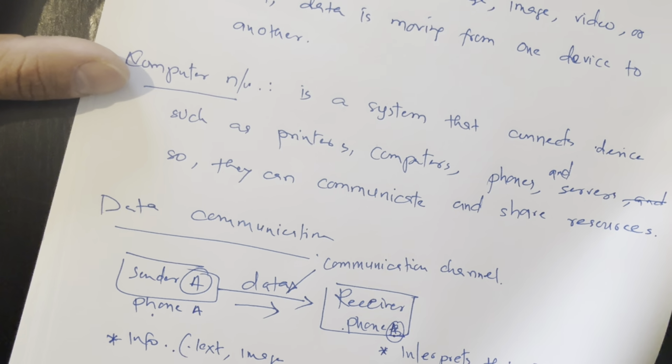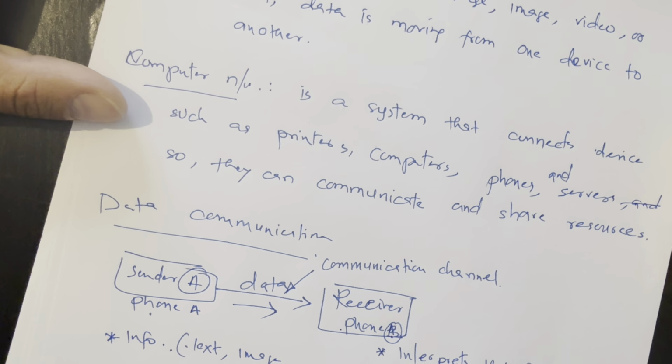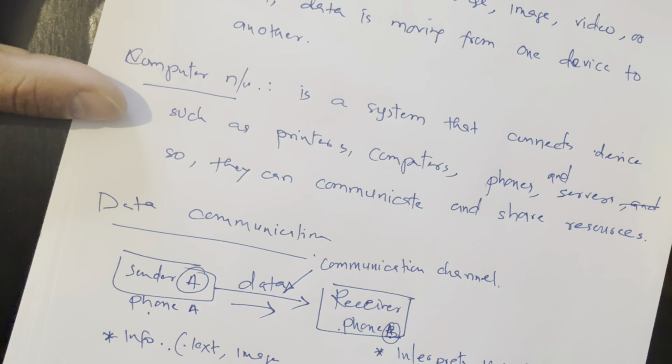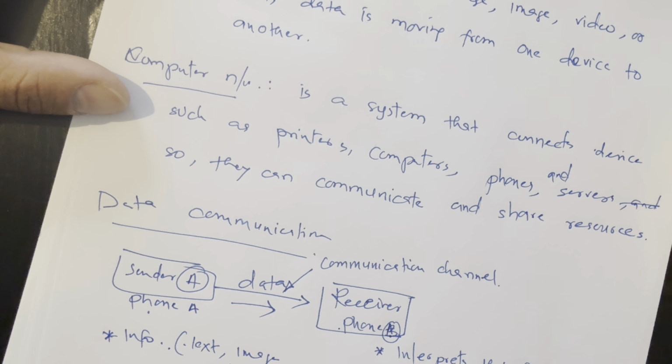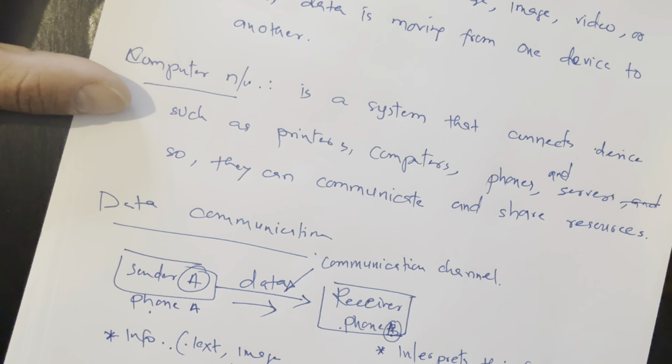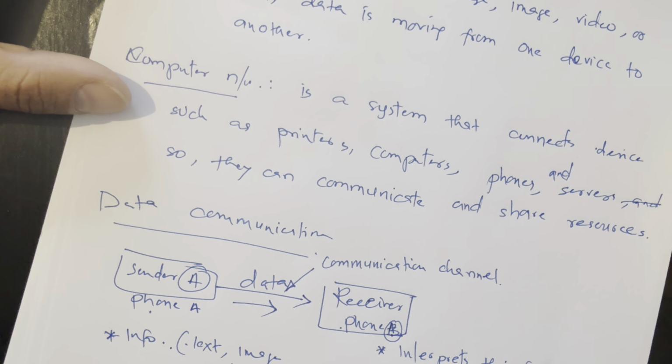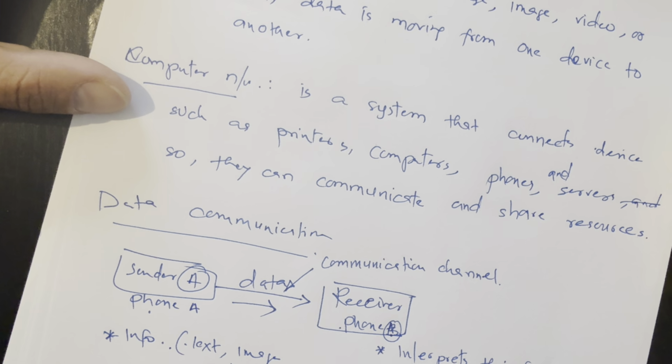Another example is, let's say Mr. Chris sends hello, and then the data travels through a communication channel, and a friend of Chris receives hello.